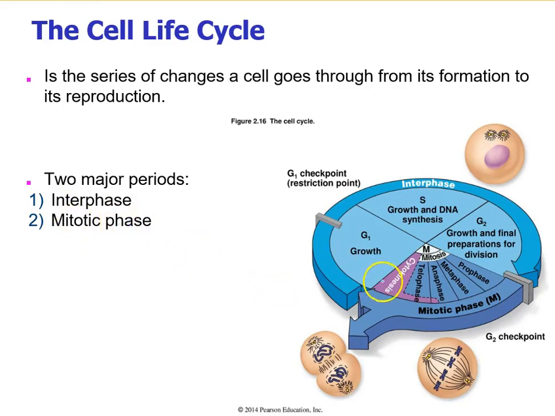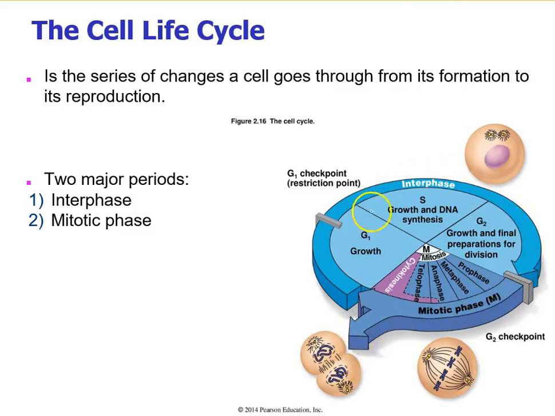We can divide the cell life cycle into two major periods, interphase and mitotic phase. The interphase is like a preparation phase where the cell gets ready for division, which division is happening during the mitotic phase. So if you look at this shape, you can see that this blue color shows the interphase. So as you can see, it's a kind of long phase. Around 90% of cell life gonna be in the interphase. And then we have the mitotic phase, which is the cell division phase. And then during the mitosis, the cell splits into two new cells.